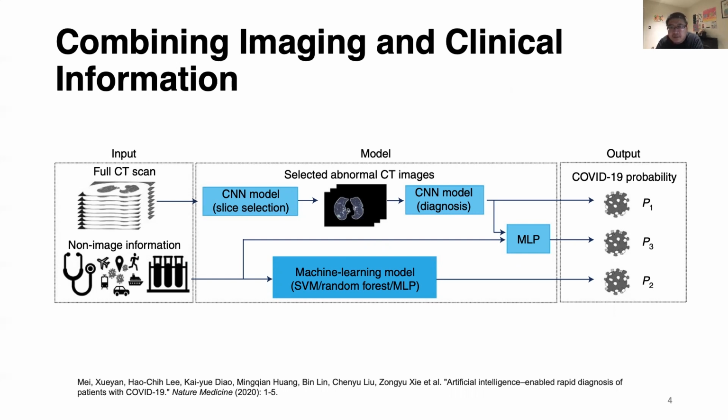The top 10 abnormal CT images per patient were put into the second CNN, which predicts the likelihood of COVID-19 positivity. That's model P1.